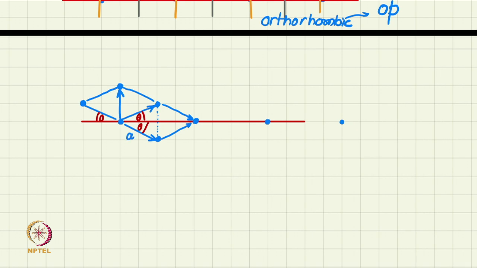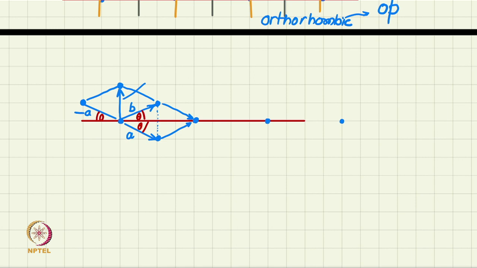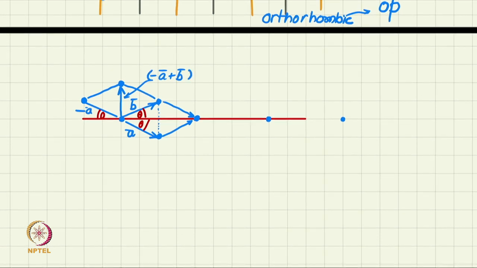Suppose this is A, this is B, this is minus A. So, this vector is minus A plus B. So, I am asking what is the orientation of minus A plus B with respect to the mirror line? Minus A plus B will be perpendicular to the mirror line.